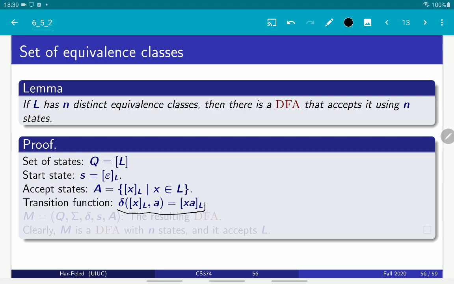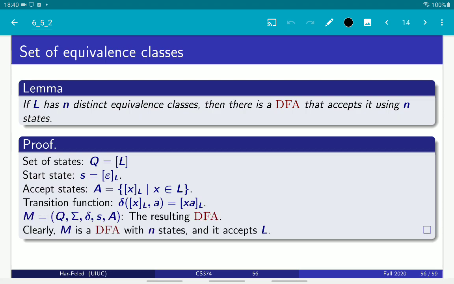From the equivalence class of x, given the character a, we just move to the equivalence class of xa, right? And the previous lemma proved that this is well defined. So now we can define the automaton using the above notation.